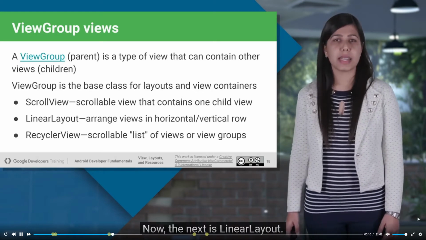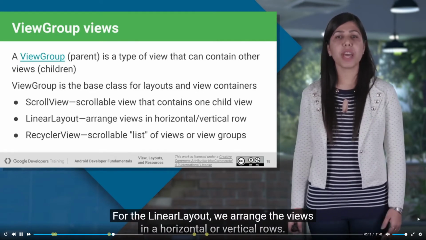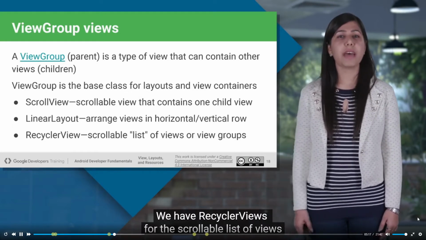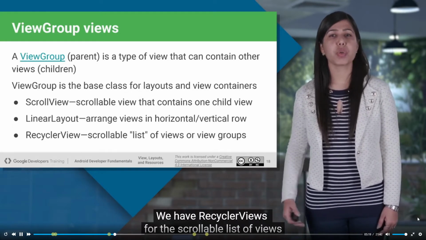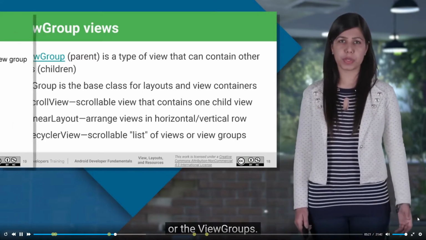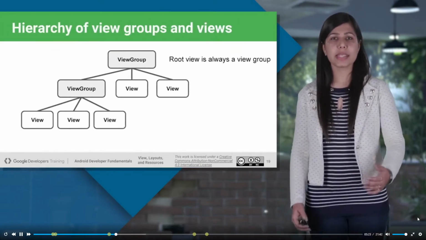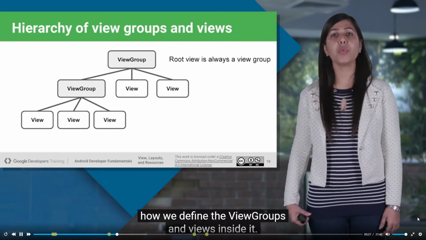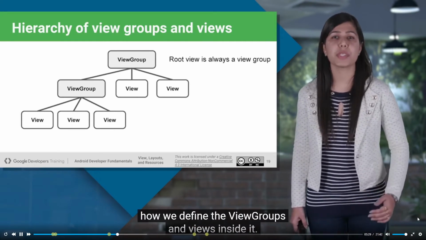Now, the next is linear layout. For the linear layout, we arrange the views in horizontal or vertical rows. We have recycler views for the scrollable list of views or the view groups. Now, this is a representation of a view hierarchy, how we define the view groups and views inside it.